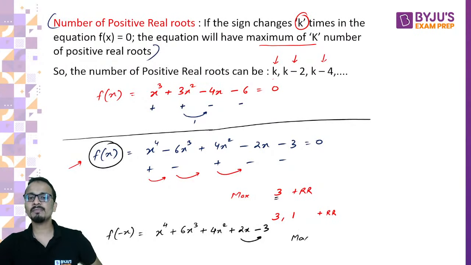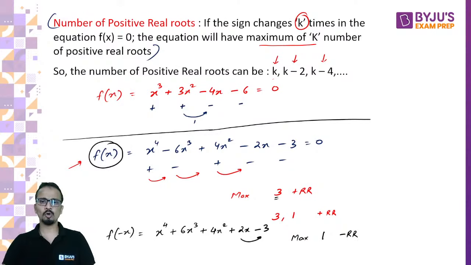So the maximum number of negative real roots will be 1. So this equation will definitely have one negative real root. There were 4 roots, so one negative real root, and for positive real roots, it may be either 3 or 1.